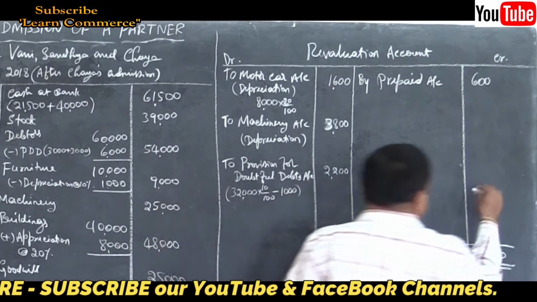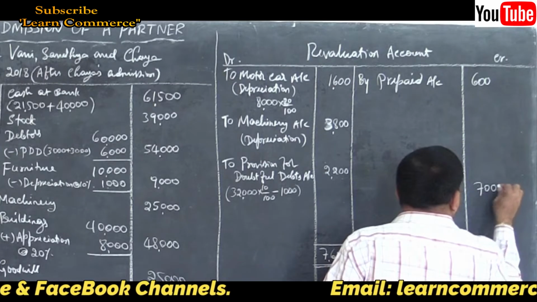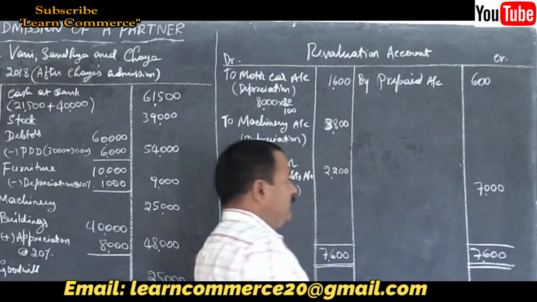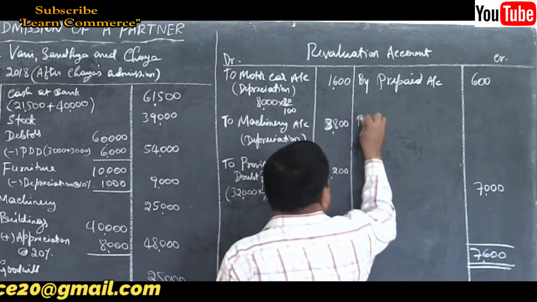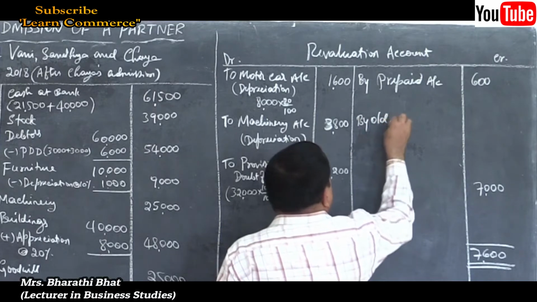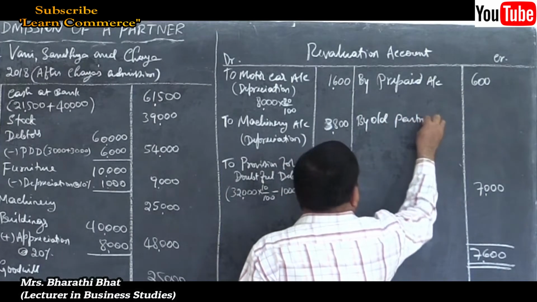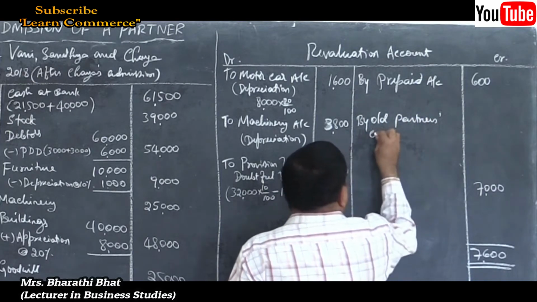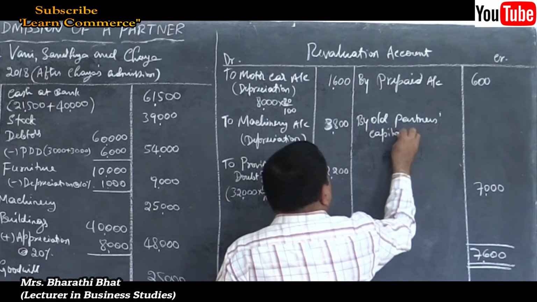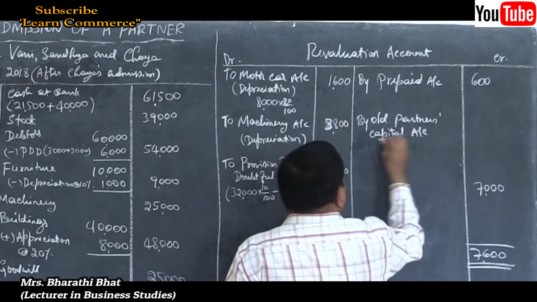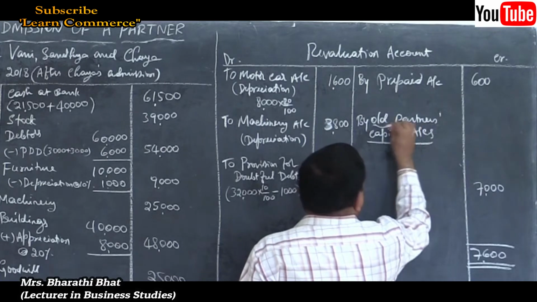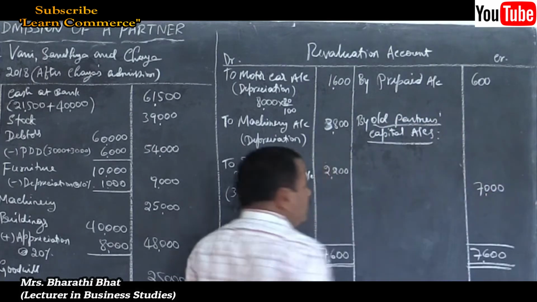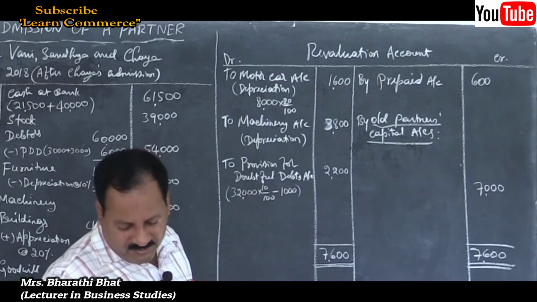Distribute it among the partners. By old partners' capital accounts. Who are the old partners?